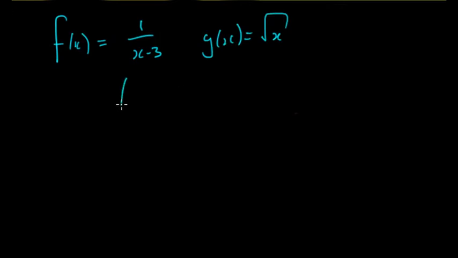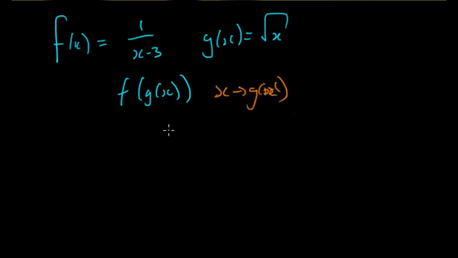So looking at an example, f(x) is equal to 1 over x minus 3, and then g(x) is equal to root x. And so we'll look at f of g of x. So subbing these values in, we get f(x), and then we have to replace x with g(x).